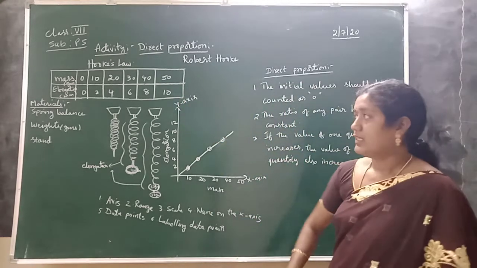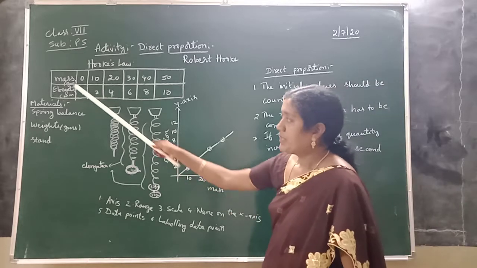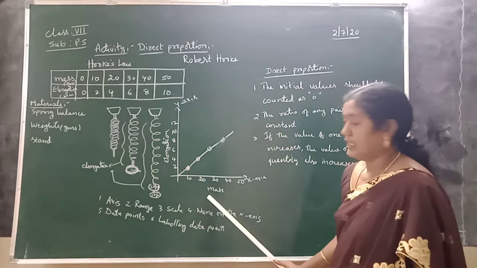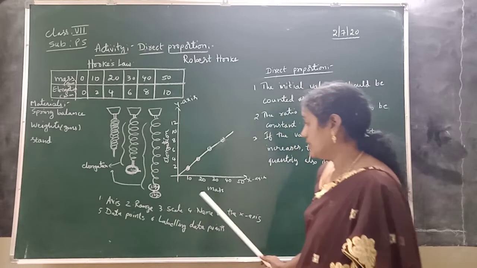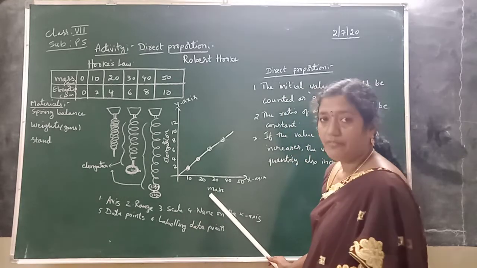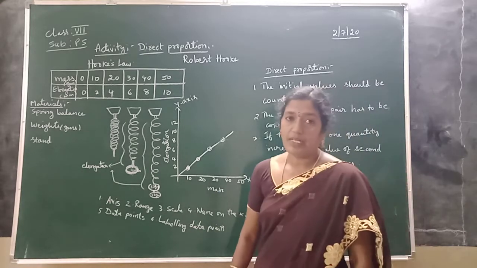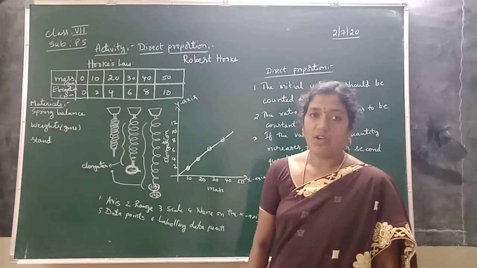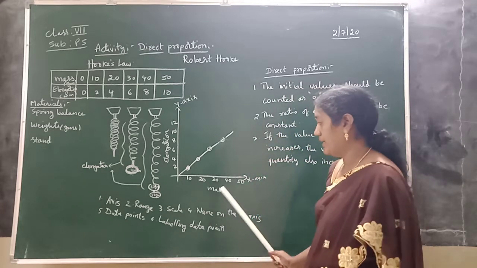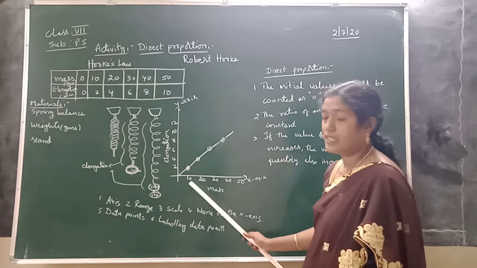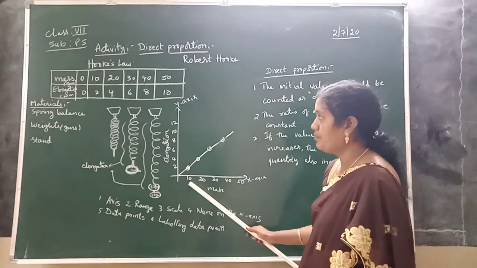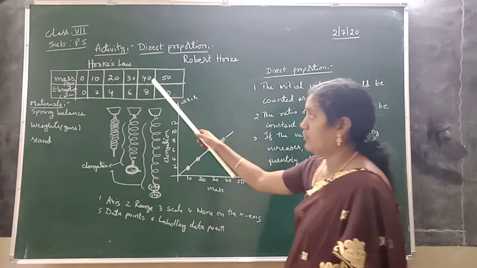And here mass is taken along x-axis. Why? Because I told you this is an independent variable. That's why always independent variables should be taken on x-axis. Here the independent variable is mass. That means here we have taken weights according to our wish. Therefore here 10, 20, 30, 40, 50.